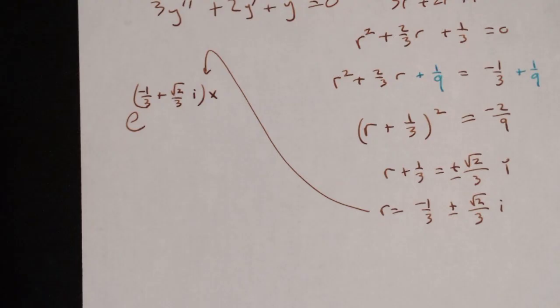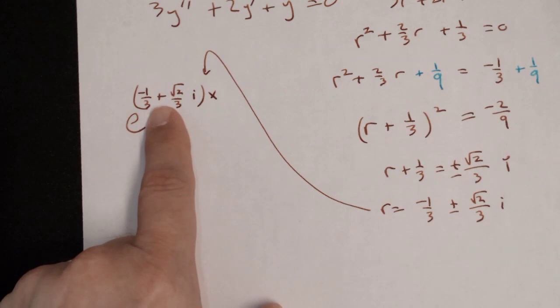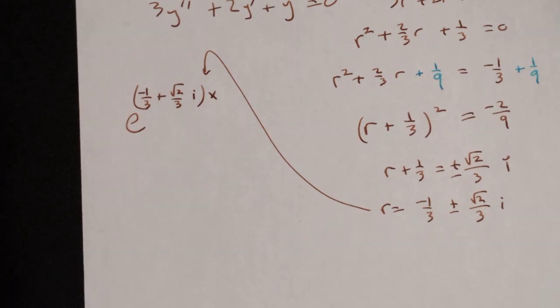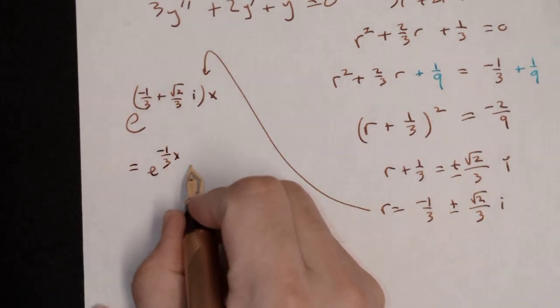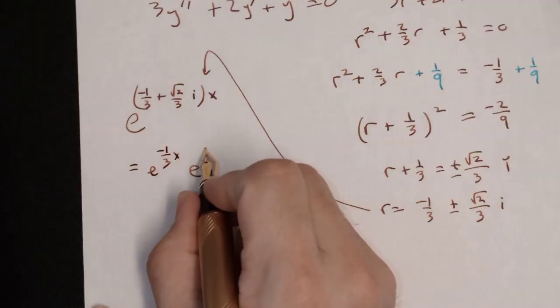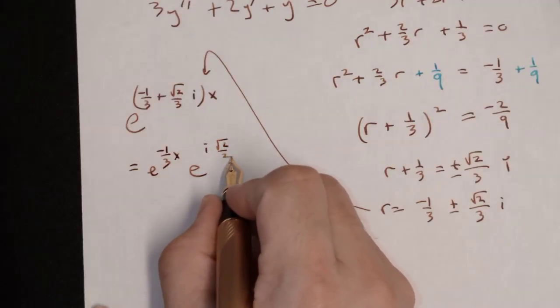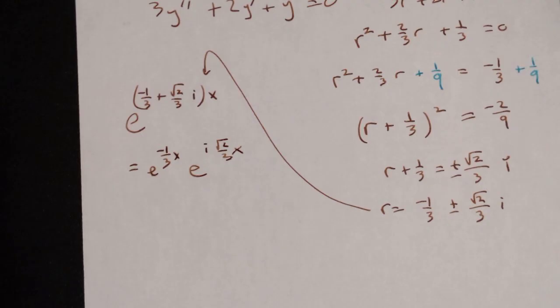That's gross. I'm going to break it up into 2 pieces. When you're adding, you multiply 2 e's, right? Adding in a power means multiplying bases. The i is only in the second part. So that gets split up into the cosine and the sine.